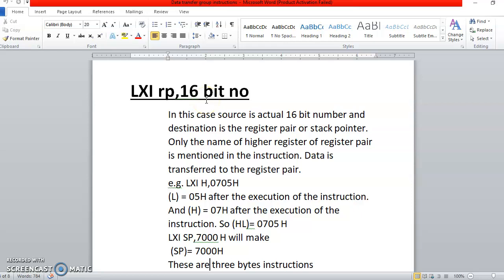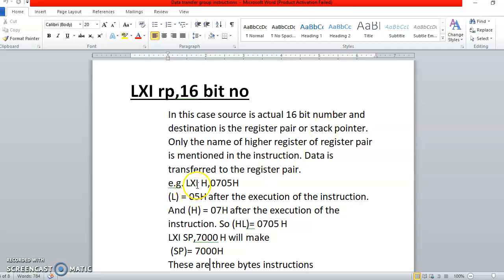There the 8-bit number was copied into the register. Here the 16-bit number will be copied into the register pair. So the source is a 16-bit number and the destination is a register pair, or it can be the stack pointer, which is another 16-bit register.